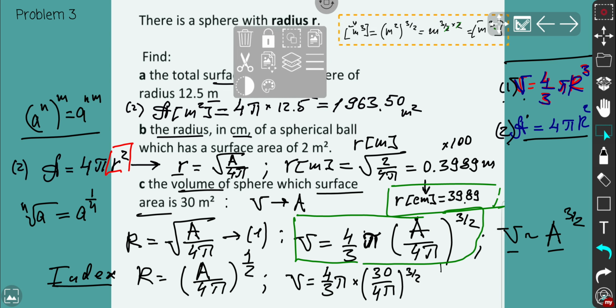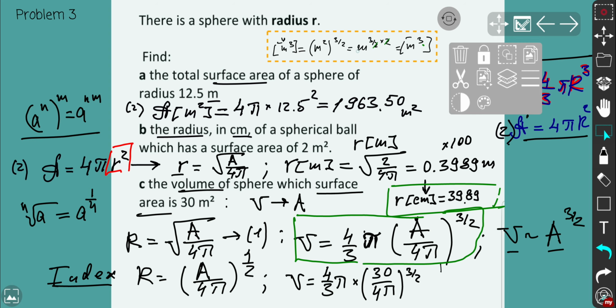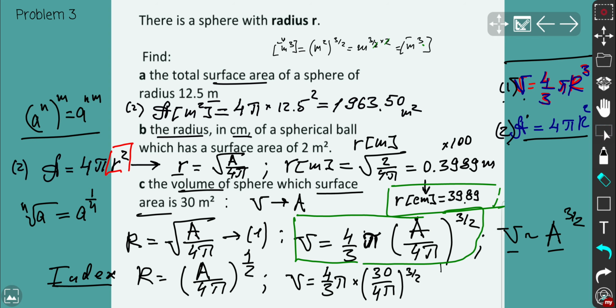Okay, yeah, that's how you can check the units, all right? So now what I'm going to do, I'm going to use that and just simply keep my calculations going.